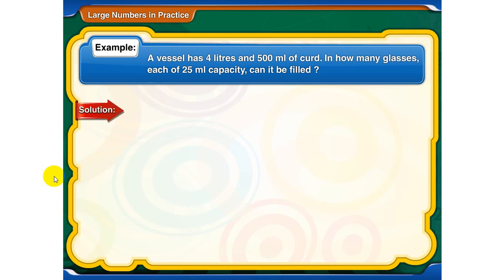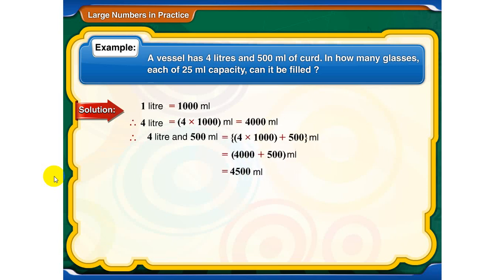First, we convert liter into milliliter. 1 liter is equal to 1000 milliliter. Therefore, 4 liter is equal to 4000 milliliter. 4 liter and 500 milliliter is equal to 4500 milliliter.